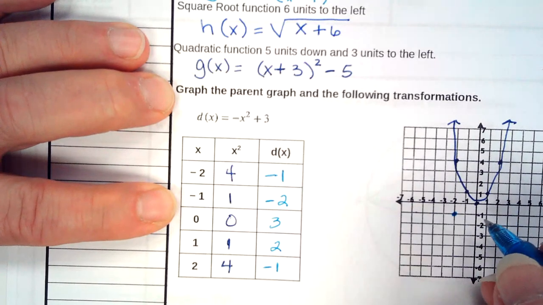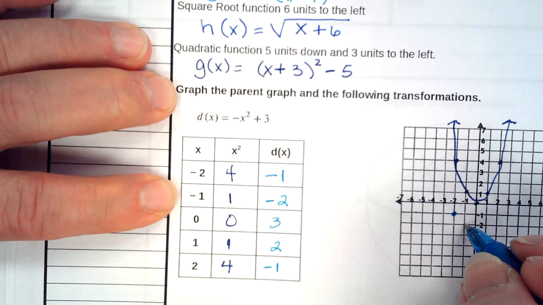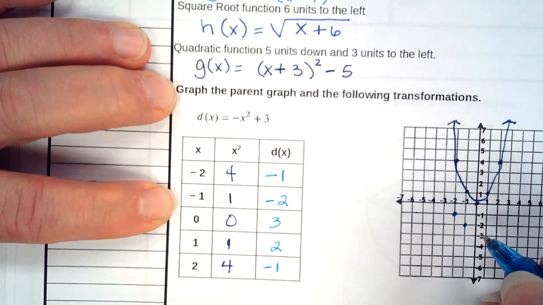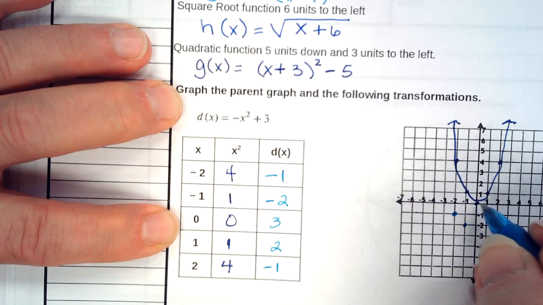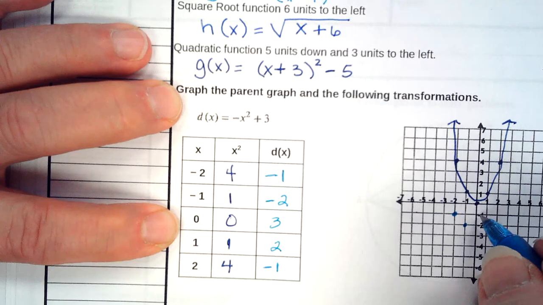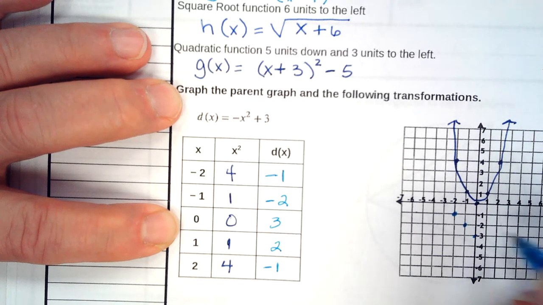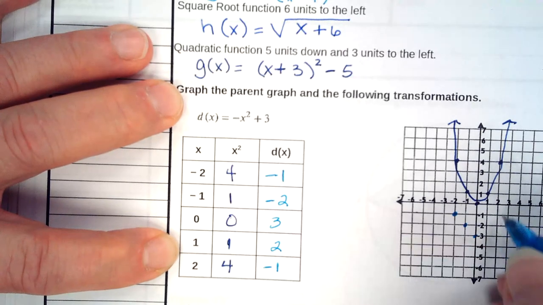This one will become negative 1, negative 2. Zero, 3. Okay, 1, 2.